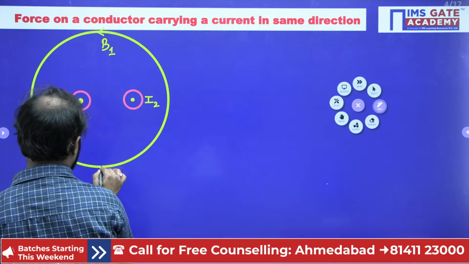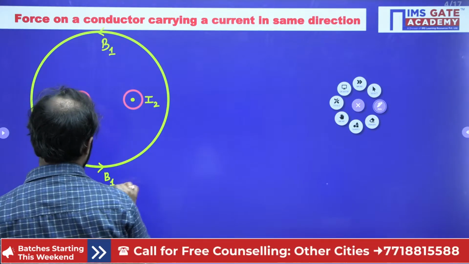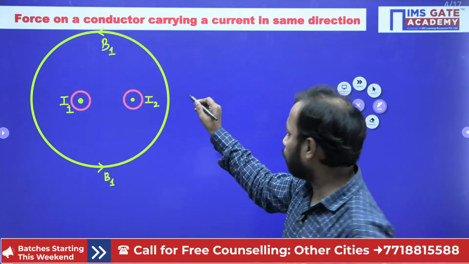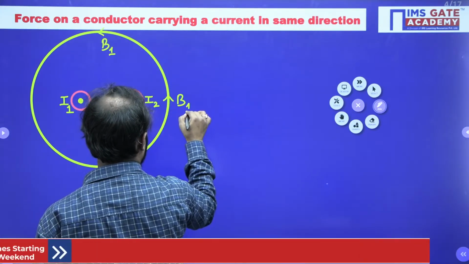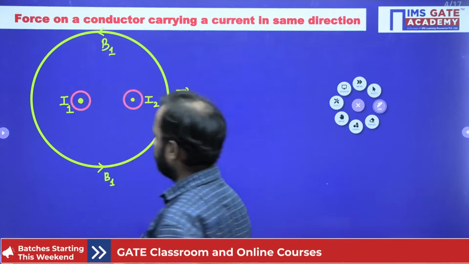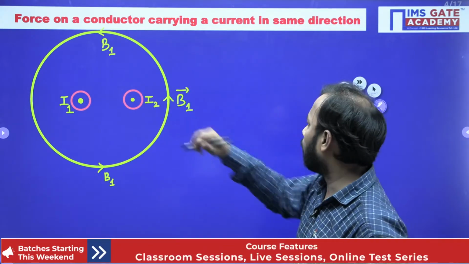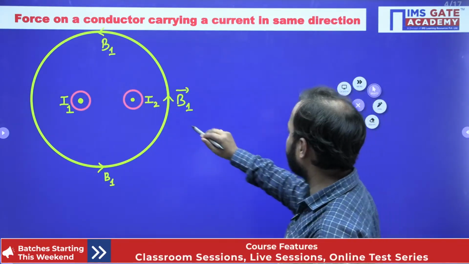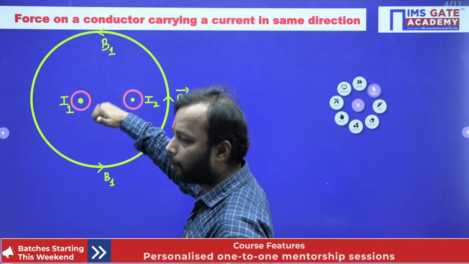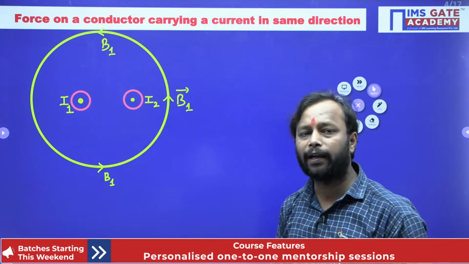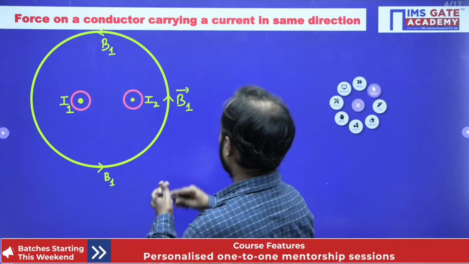So B1, B1, and here as well, B1. Done. Now let us mark the magnetic field for I2. Similarly, it will have the anti-clockwise direction for I2. Let me copy this.